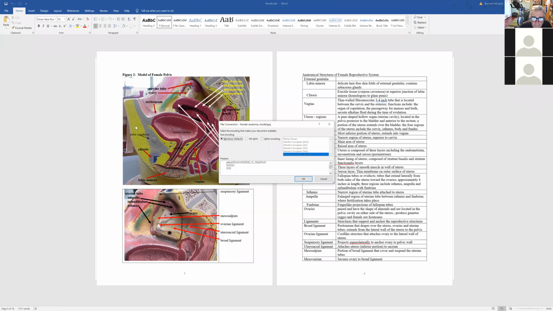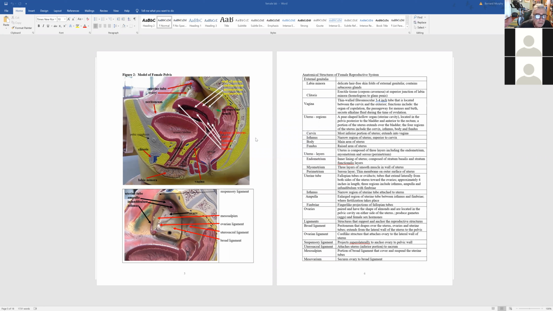Uh-oh. What's wrong? Oh man, it's not coming up. All right, hang on a second. Let's stop sharing for a moment, and go onto the web and find that model again.